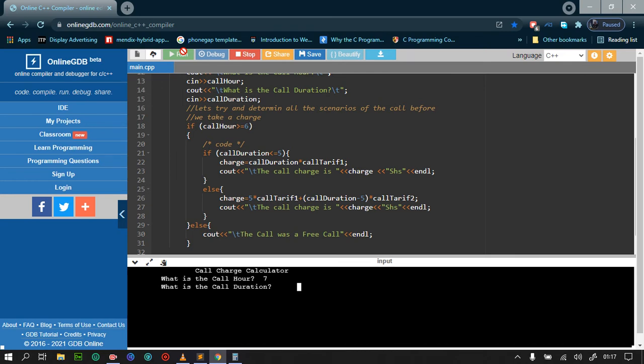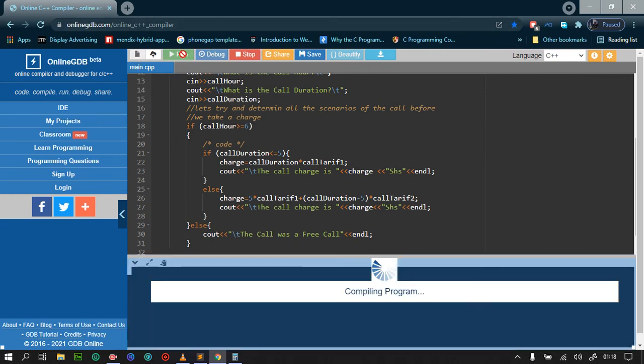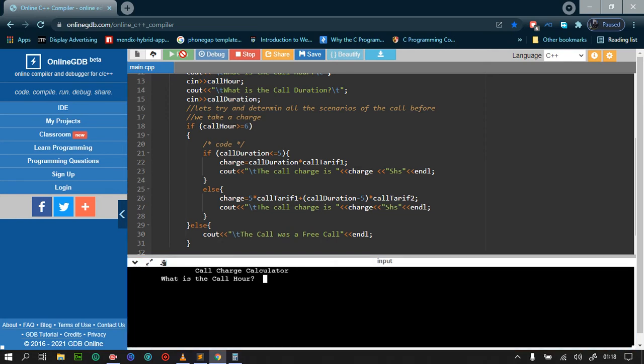Then the call duration was 5. So definitely there you go. Then once again, beyond or equal to, then I talked beyond 6, so it was 7.